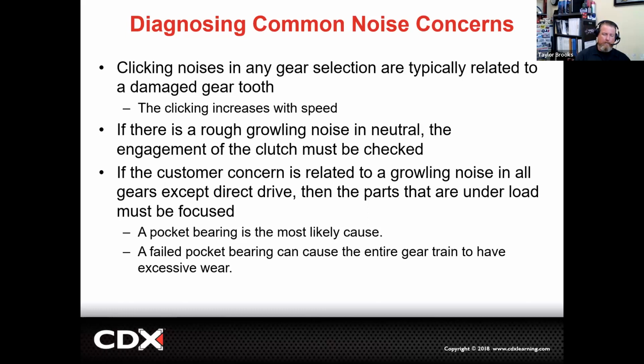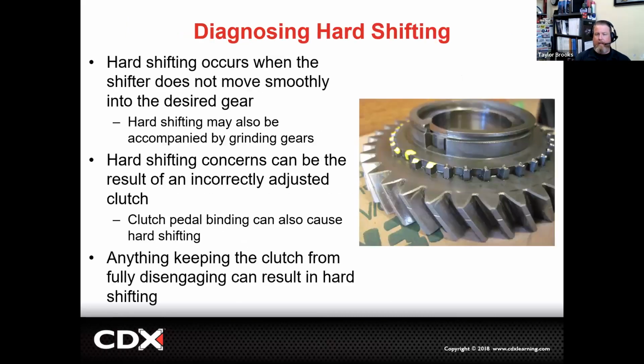If it doesn't happen in fourth gear, or whatever direct drive is, then that's going to be ruled out, because we have eliminated all the speed gears and all the counter shaft gears, and we've just locked the input shaft to the output shaft. So the only things inside the transmission that could be making noise would be the support bearings on the outside of the case, which is pretty unlikely, and those would be making noise in every gear at all times.